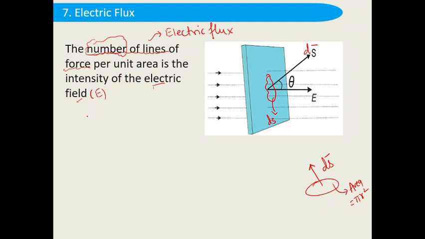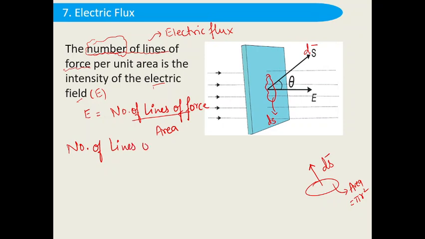So if I talk about the electric field denoted by E, E is nothing but the number of lines of force divided by area, that is, per unit area. So the number of lines of force is nothing but electric field multiplied by area.